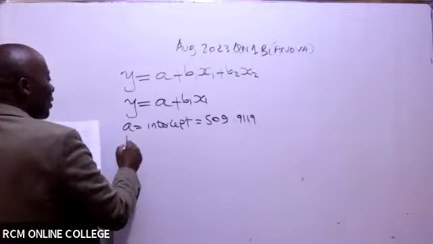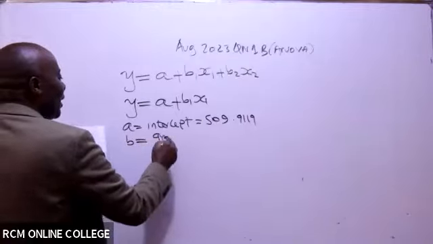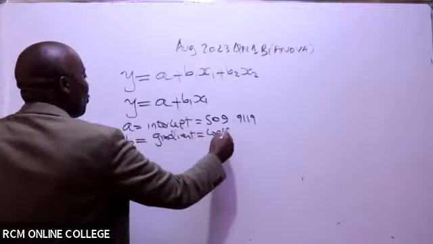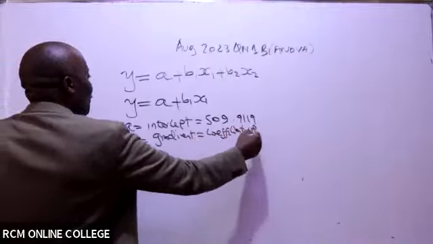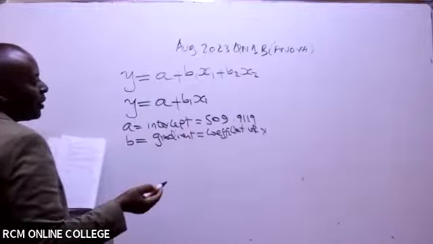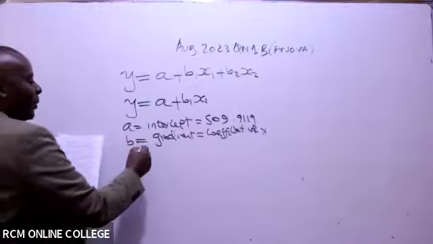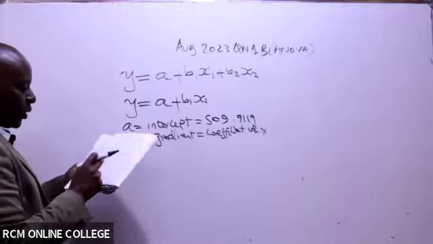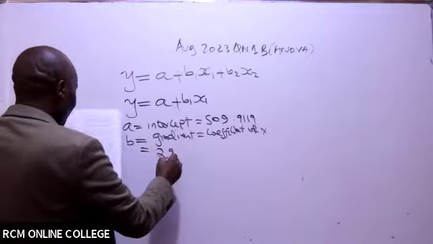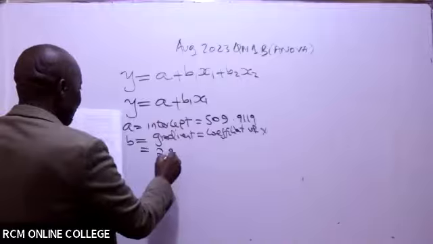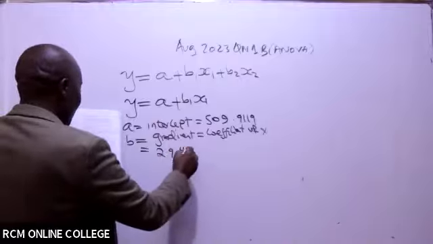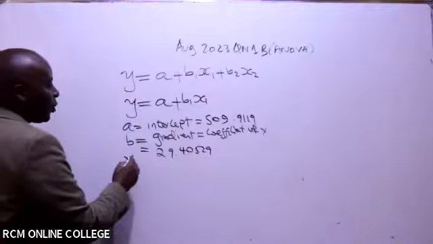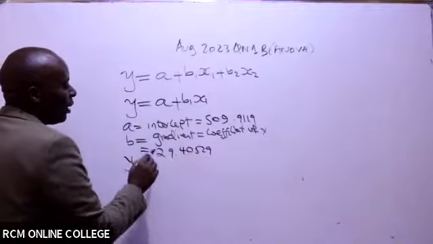And then in this case here, we know that B is the gradient, which is the same as the coefficient of x, the coefficient of the predictor variable. In this particular case, they have given me the coefficient of variable x, which is 29.4529, like that.